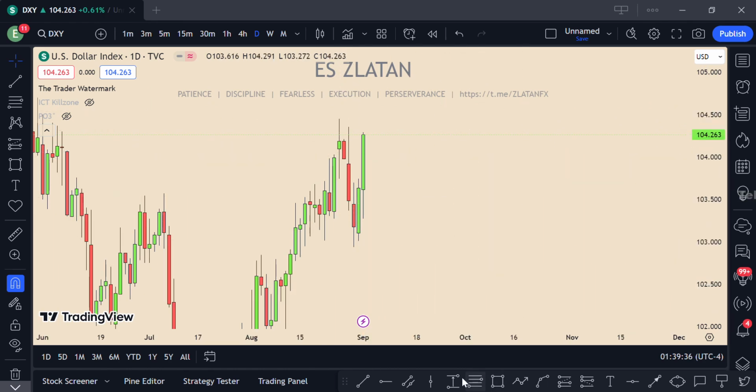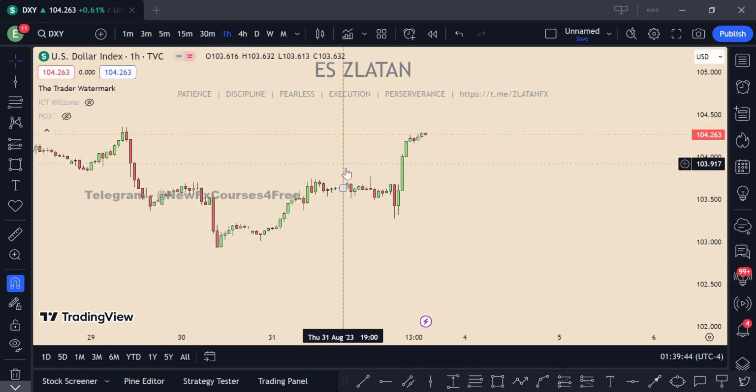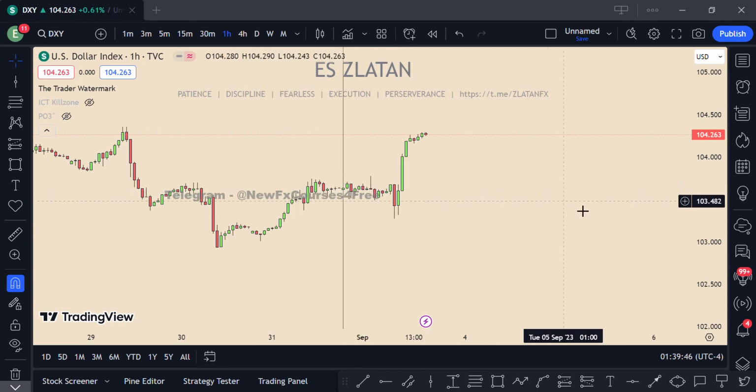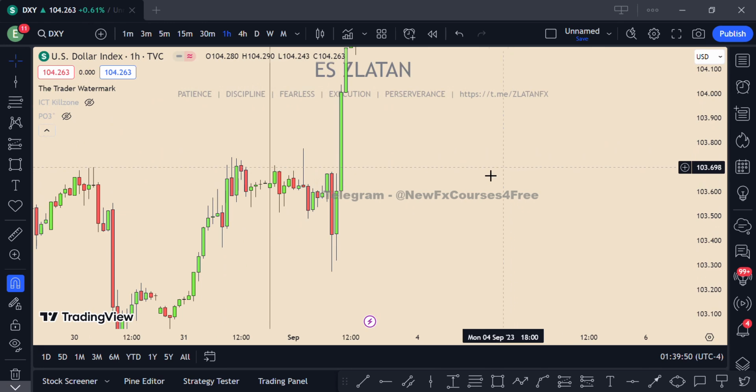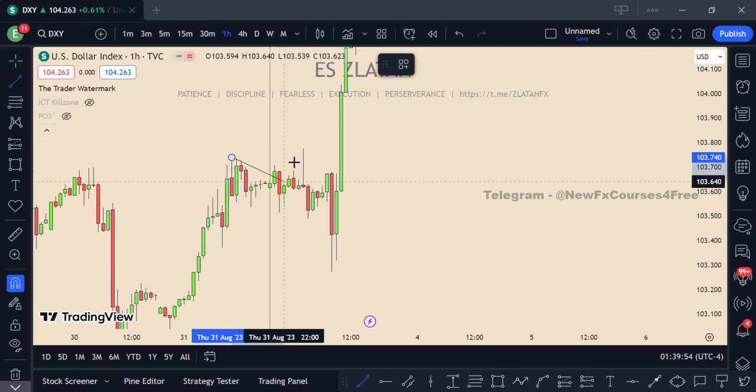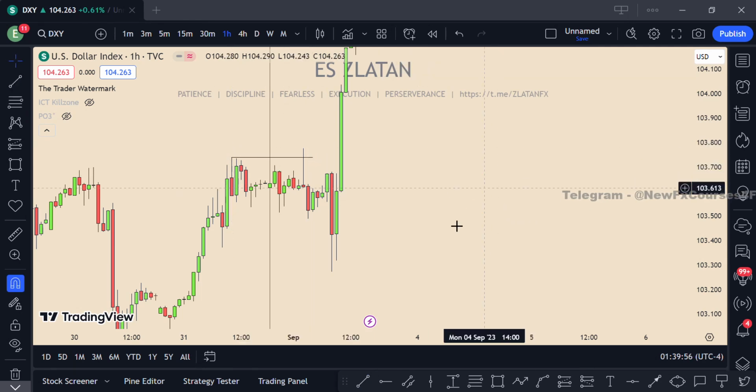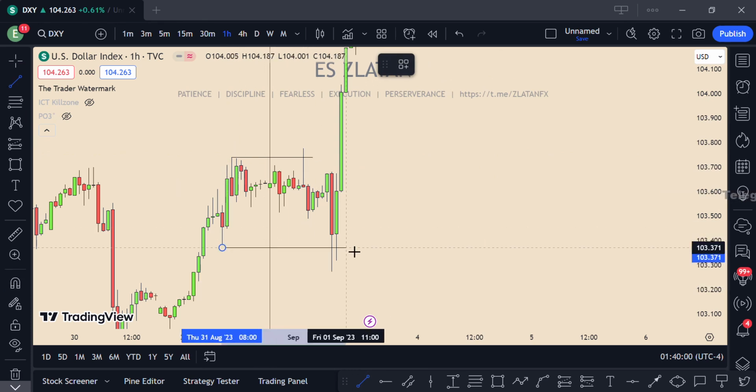right? Let's look at this last candle before I wrap it up. All right. So let's zoom out. So this was the range, this high and this low, right?